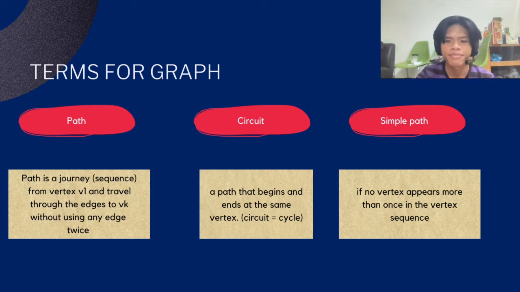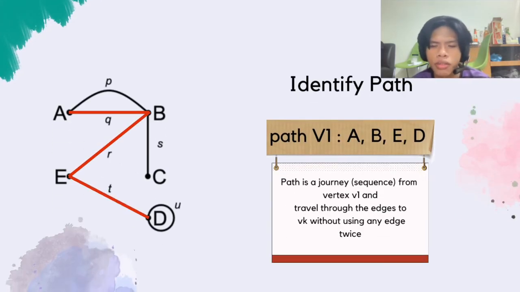For the example, identify path. The path for this graph is ABED, because a path is a journey from V1 to VK without using any edge twice.